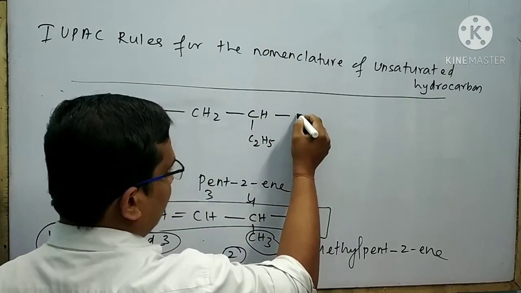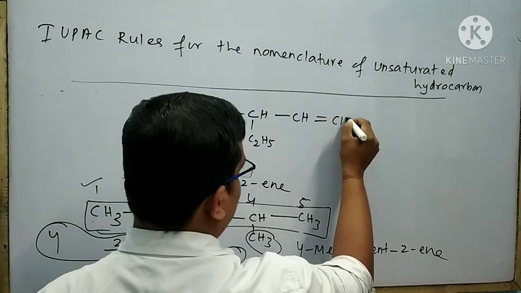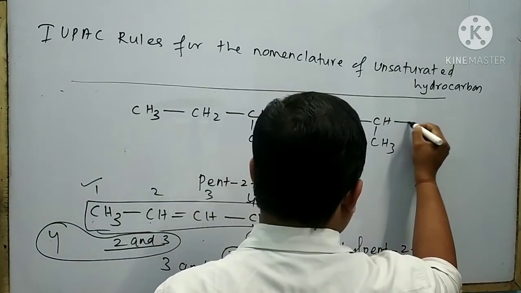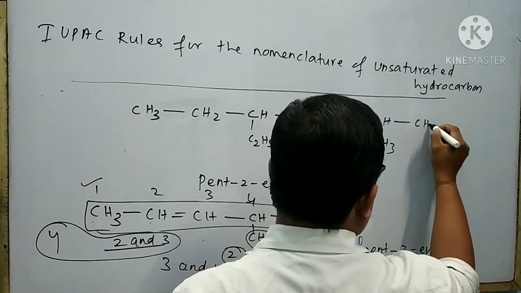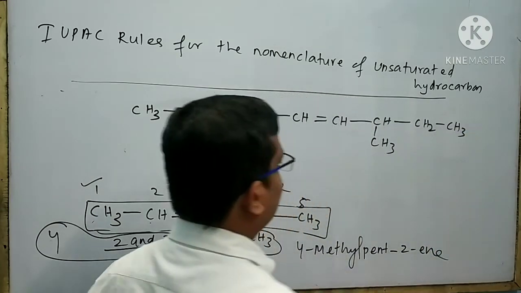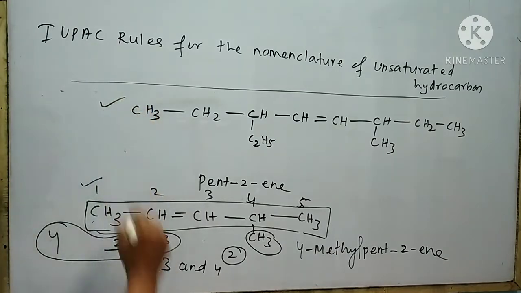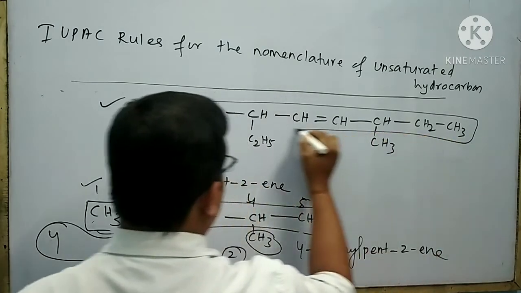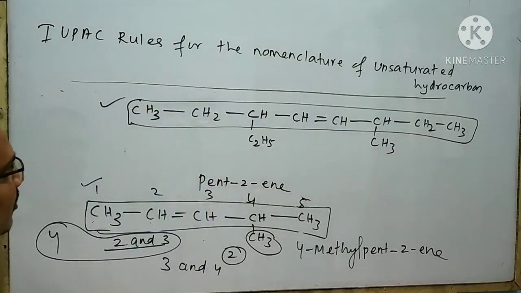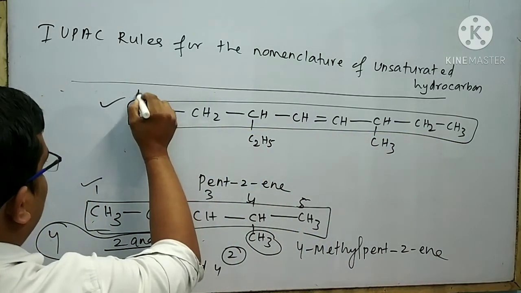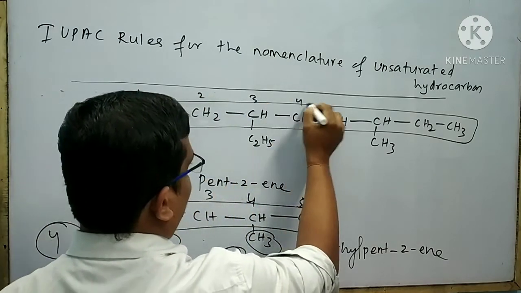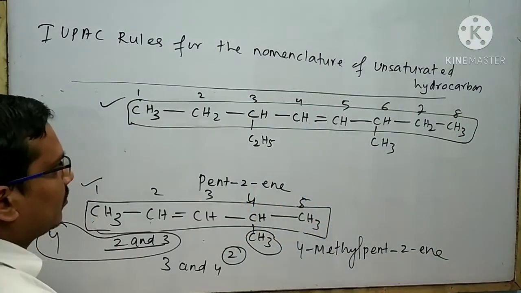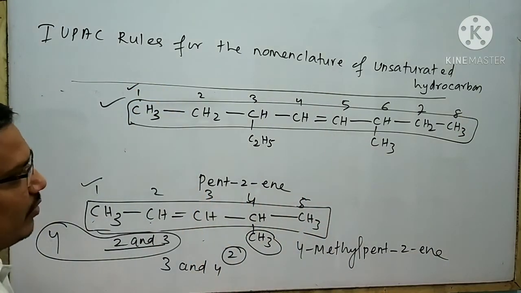Suppose take another organic compound: CH3 bond CH2 bond C bond C2H5 bond CH double bond CH bond CH bond CH3 bond CH2 bond CH3. What will be the name of this organic compound? For this organic compound, this is the parent chain. If I start the numbering like this: 1, 2, 3, 4, 5, 6, 7, 8, by this numbering, look at that.